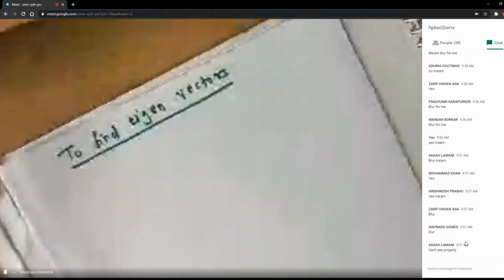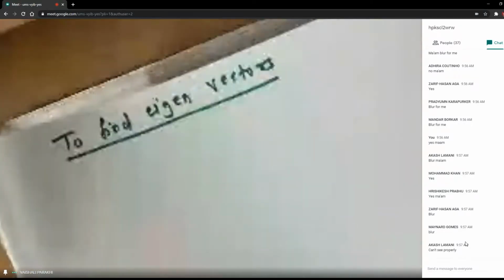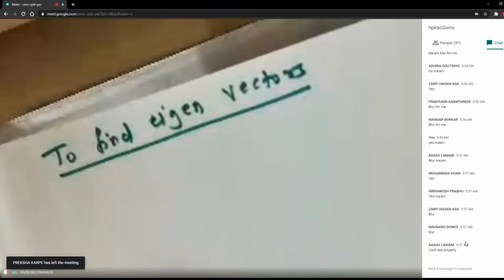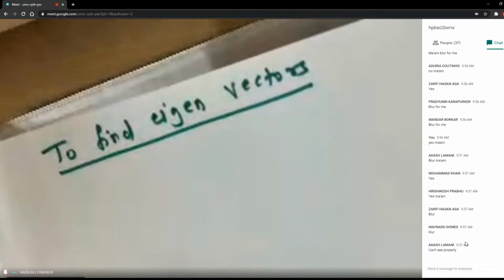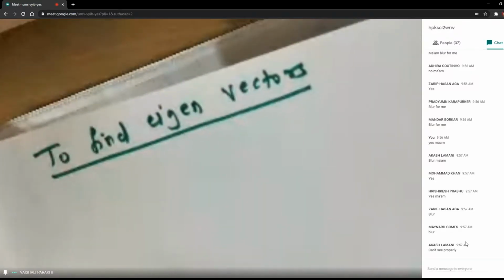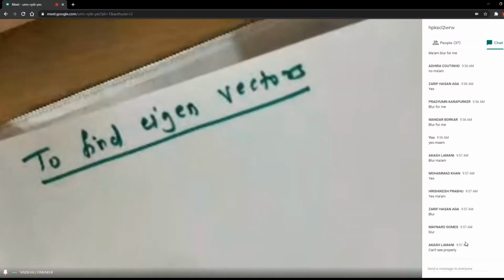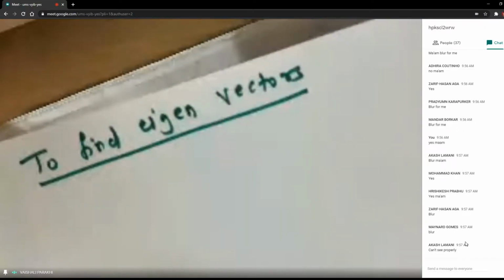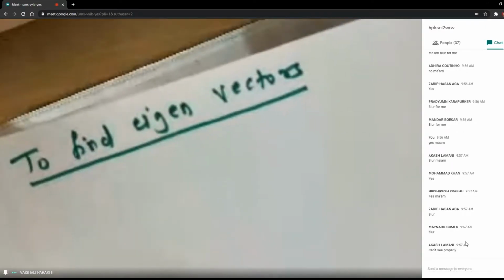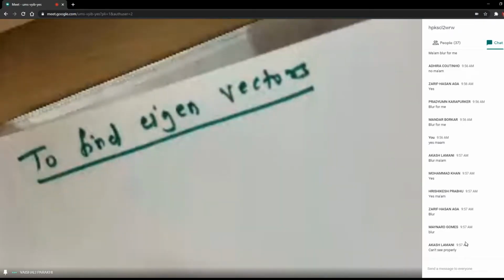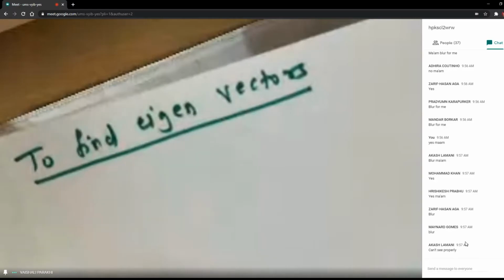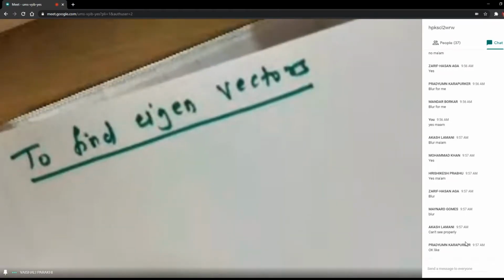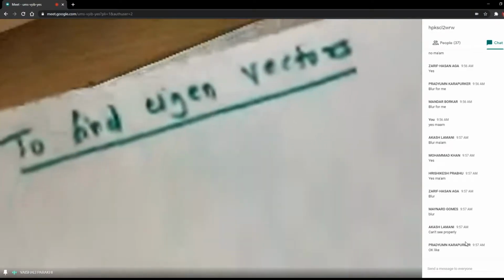Okay. See, tell me about the height. If this height, if I take, then is it okay? Now is it readable, students? At this height? Or still it is blurred? Okay, like. Pradyumna is saying okay, like.